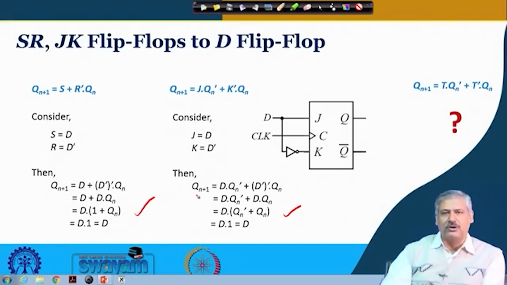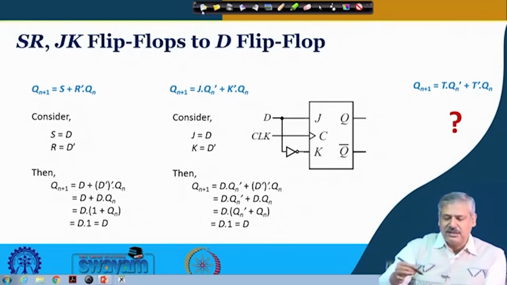Here we got it by comparing the equation and by applying some knowledge about Boolean algebra. Otherwise also we can follow a standard synthesis method by which we can arrive at this solution.